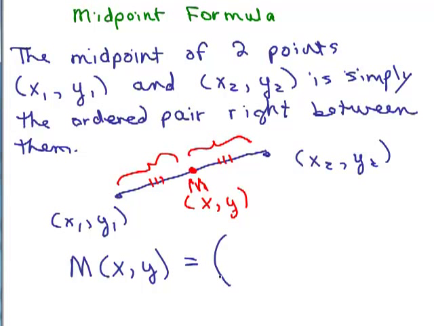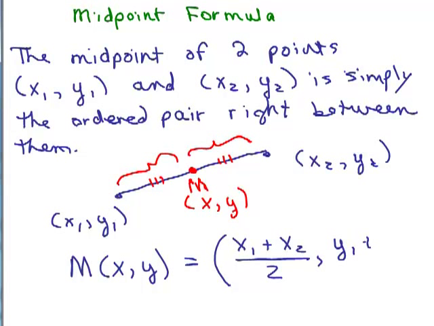It's a new ordered pair such that the new x value is really just the average of the two x coordinates. So the average, remember, you add and divide by 2, or you can just add and multiply by 1/2 if you have fractions.